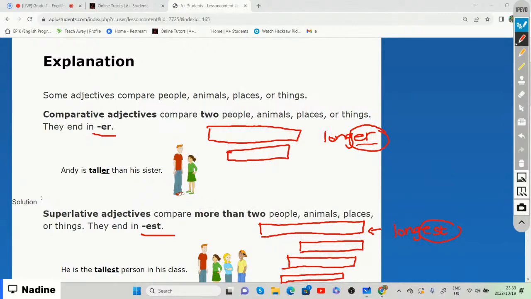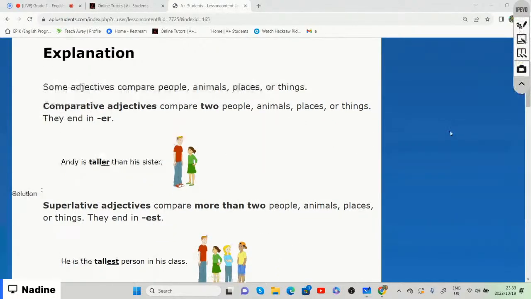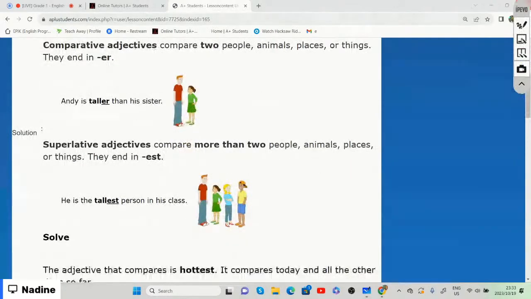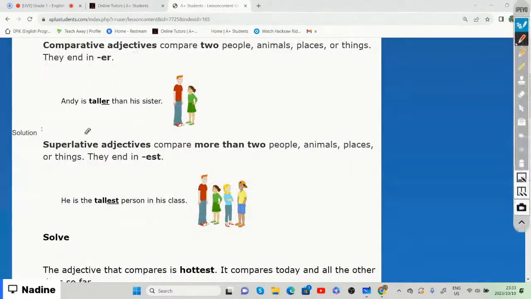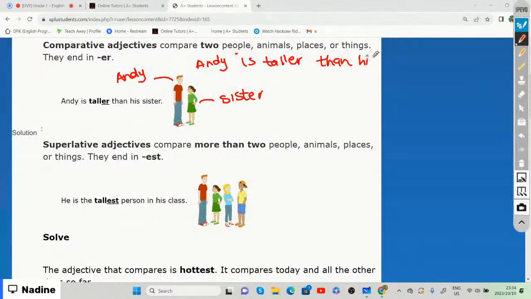Or if we look at this picture, right, we compared Andy in height, where we said that Andy is taller than his sister. So Andy is taller than his sister, right?